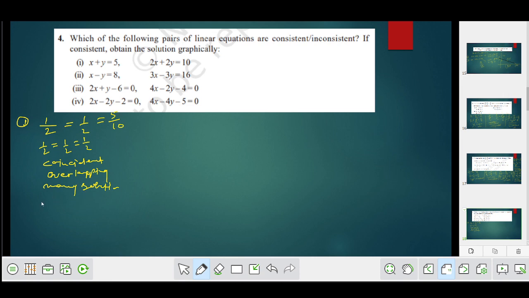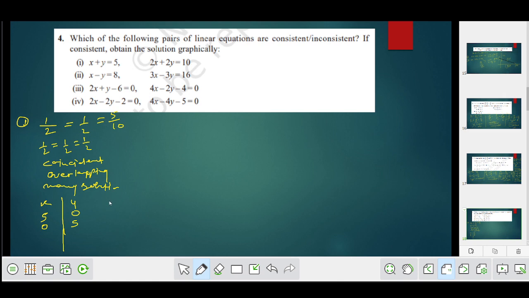So find out the values of x and y. If we take y equal to 0, x will be 5. If we take x equal to 0, y will be 5. Clear? I got the line. I can draw it, these 2 points are enough to draw.